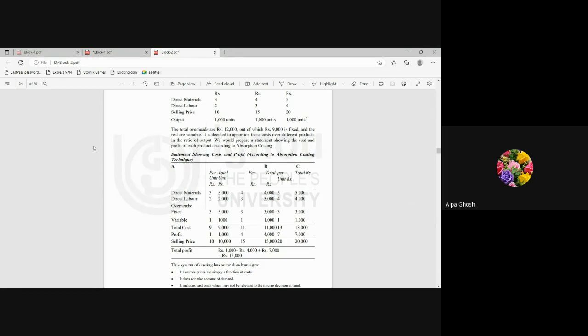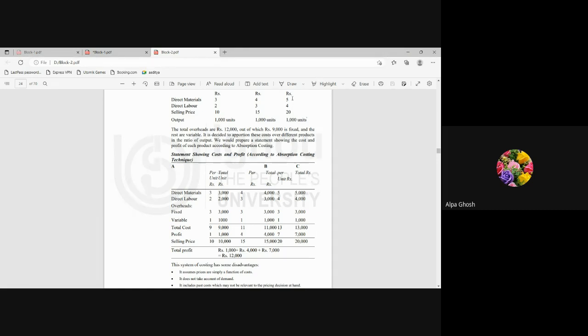If you come to the question, direct material is 3 rupees, 4 rupees, and 5 rupees. These are the amounts per unit. You have 1,000 units. When you multiply 1,000 with 3, 4, and 5, you get 3,000, 4,000, and 5,000. So per unit rupees is given and total units is given; multiplying per unit by total units gives the total amount.